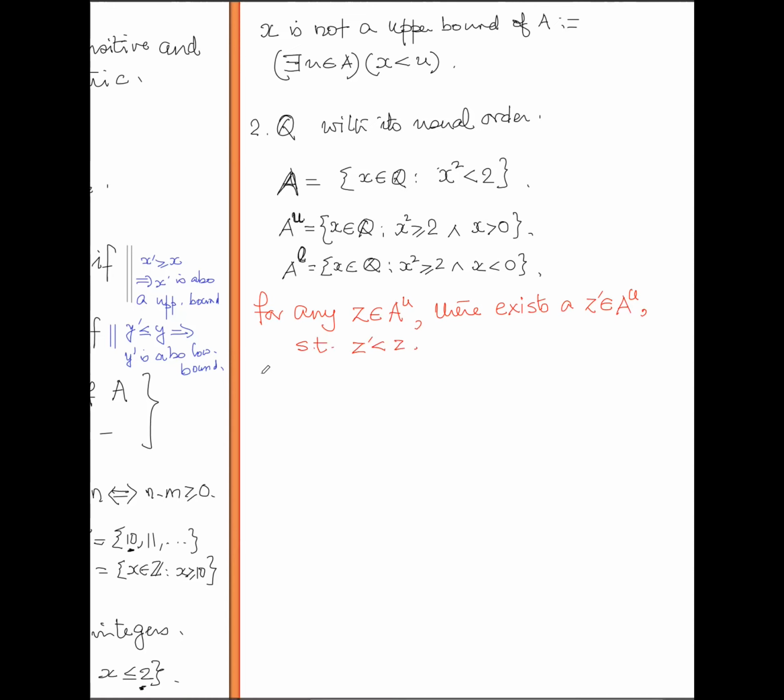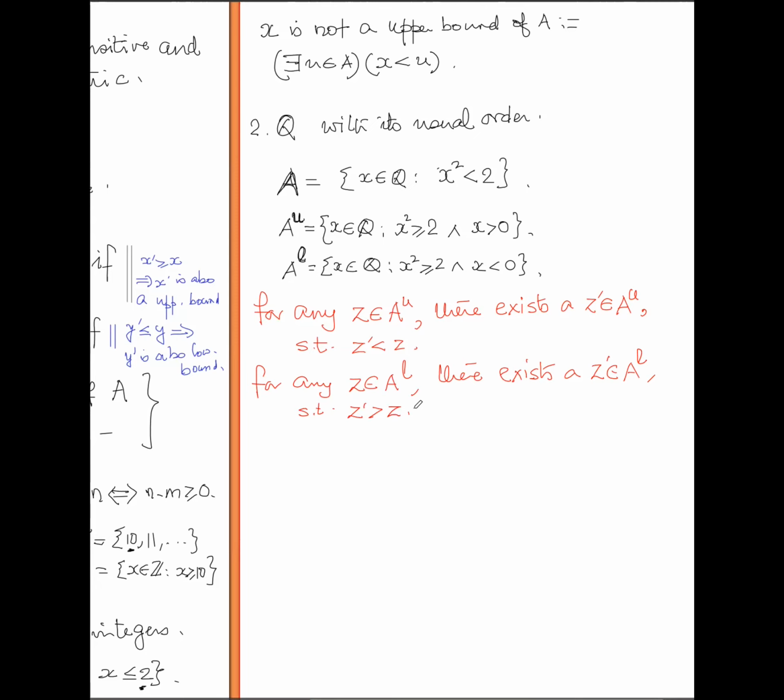And similarly, for any z in AL there exists z prime again in AL such that z prime is greater than z.